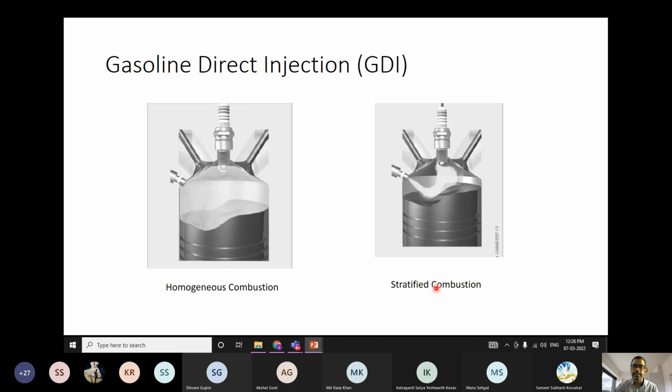So the overall concept of the GDI engine is that, depending upon the requirement of the power output and the control technology, both combustion modes can be shifted from homogeneous to stratified or stratified to homogeneous.